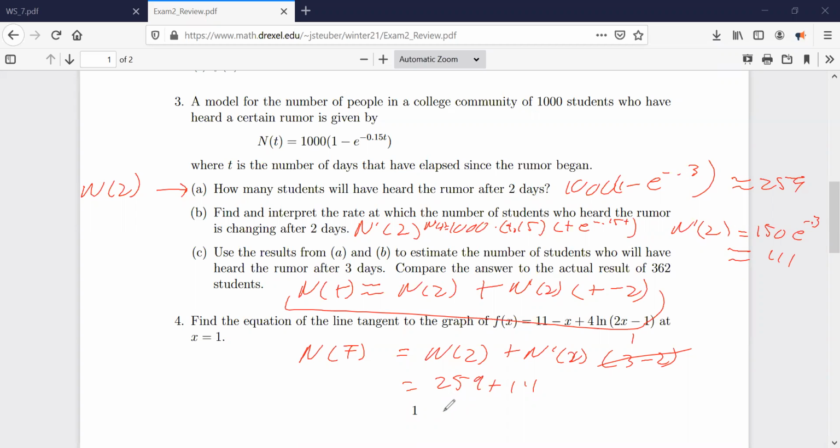So that is going to be approximately 370, which is a pretty good estimate. 362 to 370 is not that big of a jump. So it's a pretty good estimate, but it's a linear approximation, so it's not going to be exact.